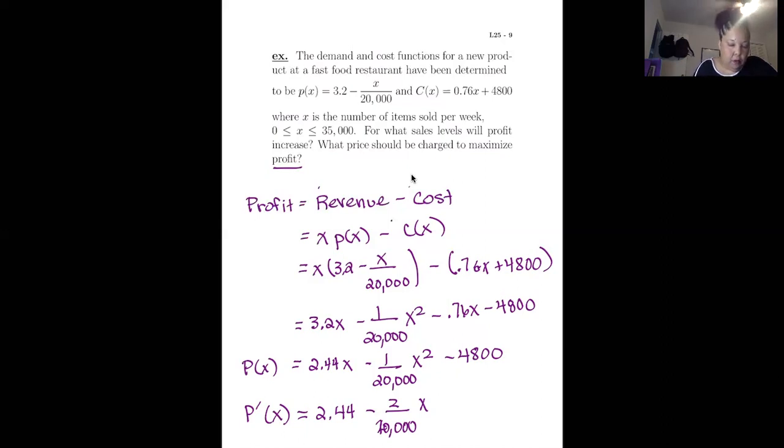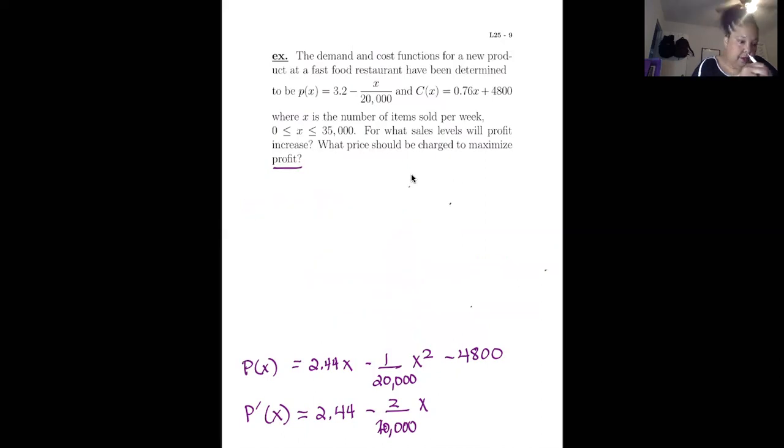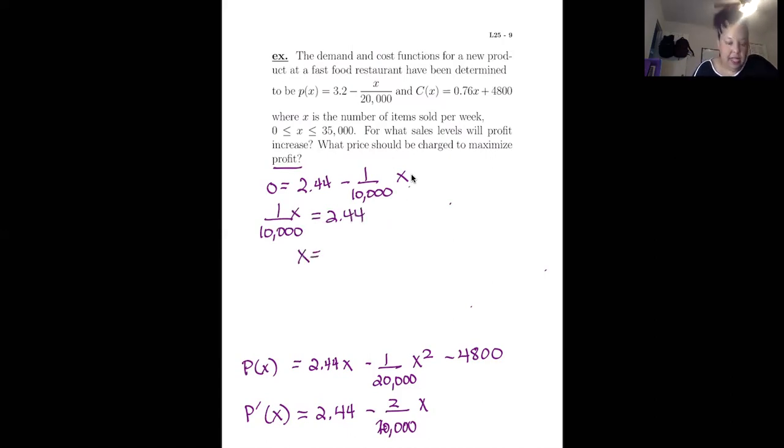I'm going to set this equal to 0 and find the critical number. So 0 equals 2.44 minus 2 over 20,000, which is 1 over 10,000, x. So 1 over 10,000 x equals 2.44. Multiply both sides by 10,000 and I get 24,400.